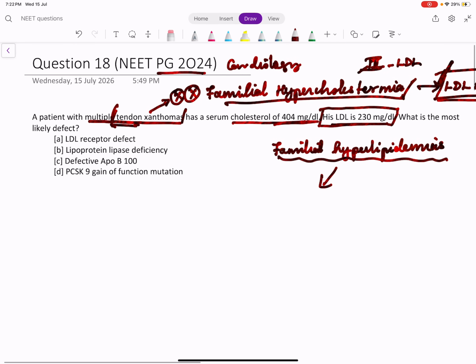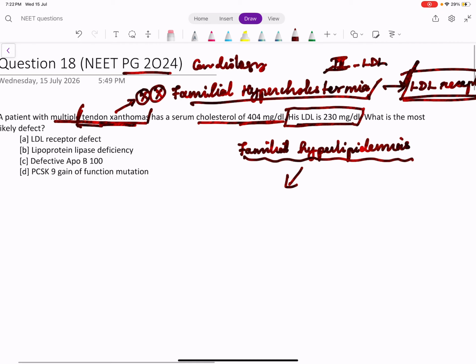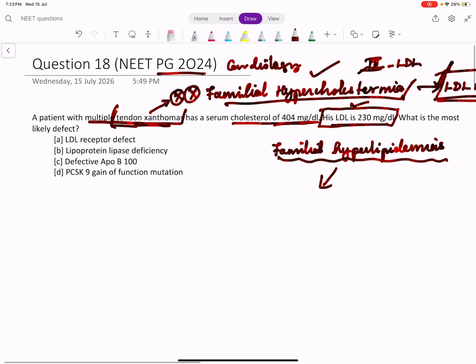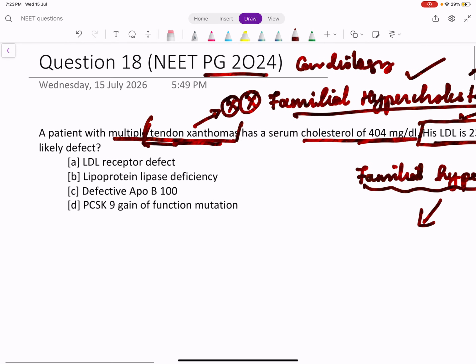So if the word tendon xanthoma is there, the diagnosis is familial hypercholesterolemia. If the word LDL is high is there, the diagnosis is familial hypercholesterolemia. It is of 2 types, heterozygous and homozygous. We are not going into the details. So considering this as a one-liner, the answer is LDL receptor defect.